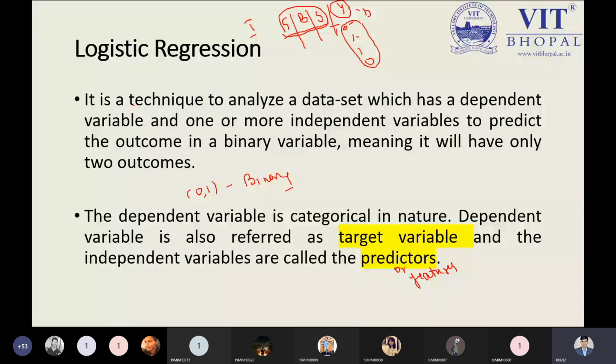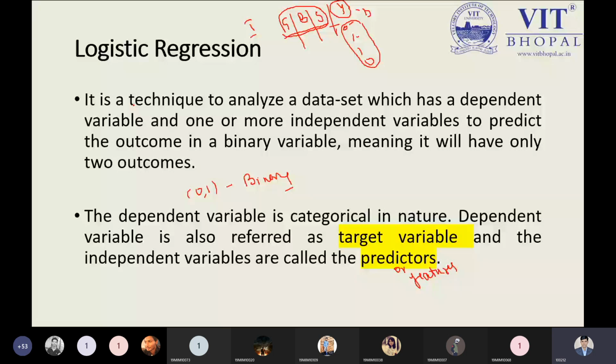But it is written over here that the dependent variable is also known as the target variable or response variable, and the information of the dependent variable will be identified only in a categorical manner, and this category can be identified by binary values like 0 and 1.